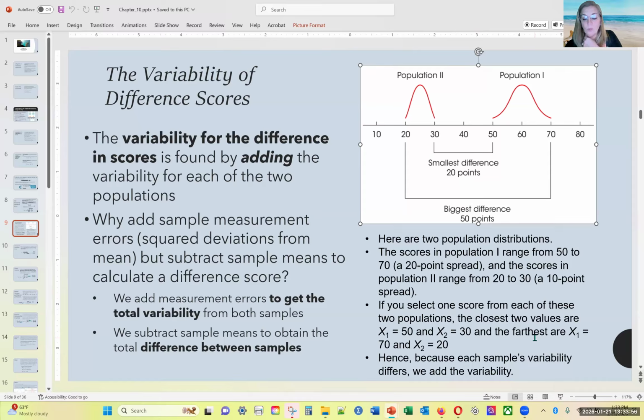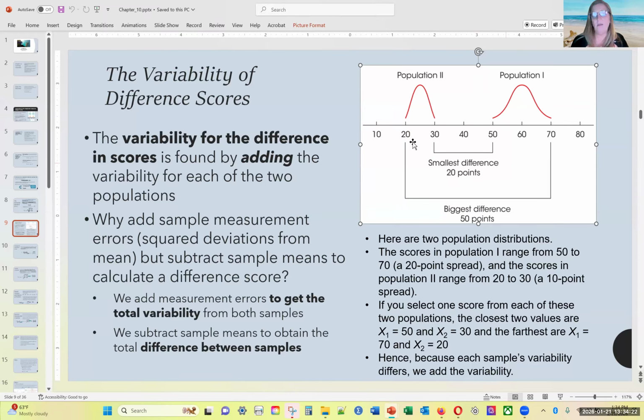If you select one score from each of these two populations, the closest two values are x equals 50 and x equals 30 from the other sample. And the farthest away are x equals 70 and x equals 20. So because each sample's variability differs, we add the whole variability.